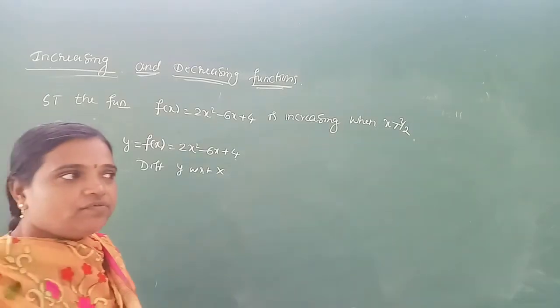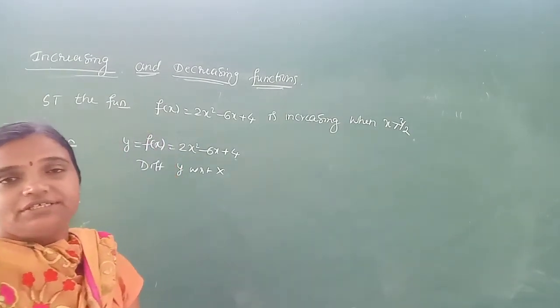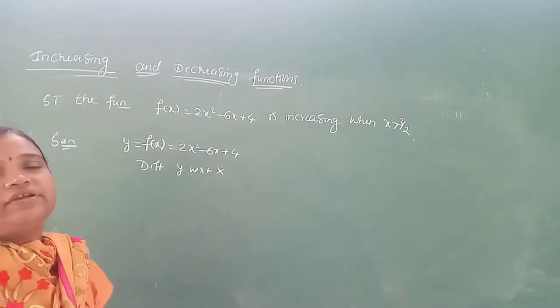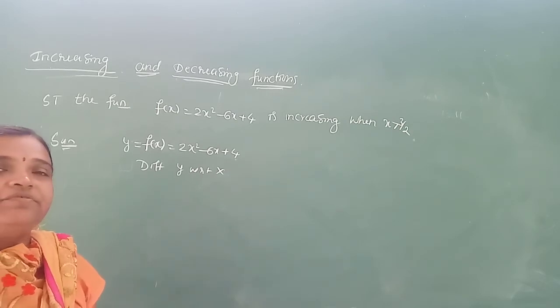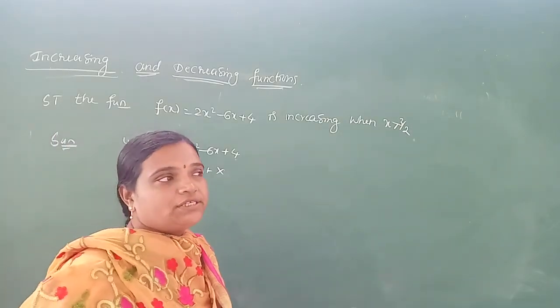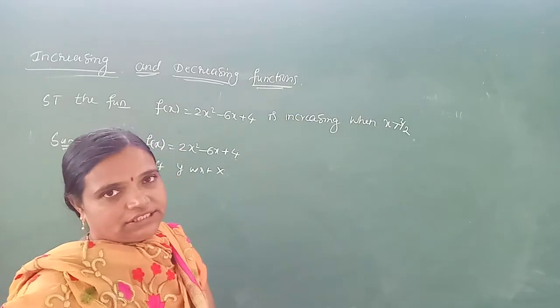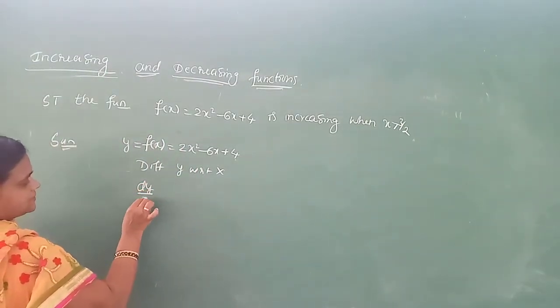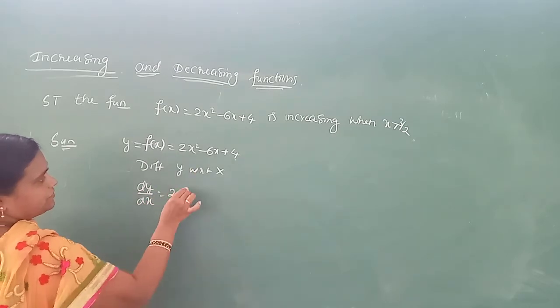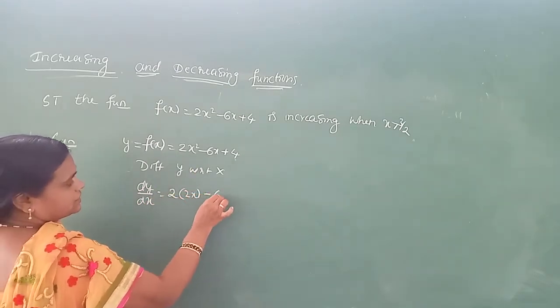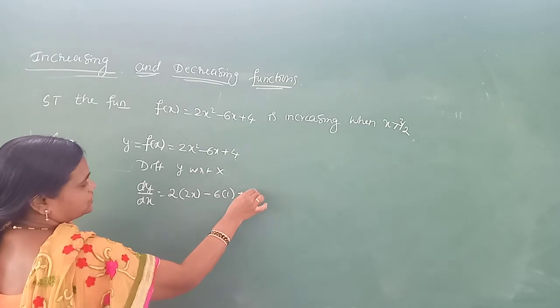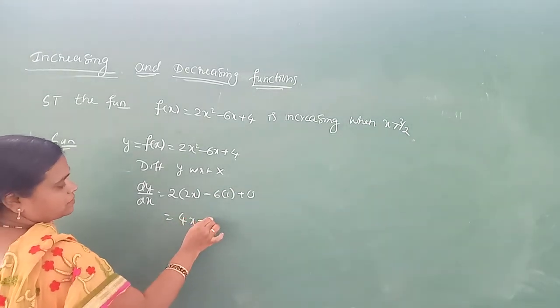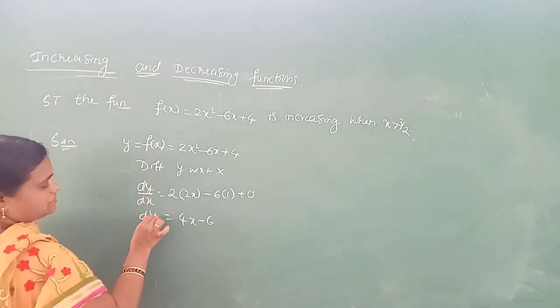Because for an increasing or decreasing function, we have to calculate dy by dx and verify whether dy by dx is greater than 0 or less than 0. The derivative of 2x squared is 4x, of 6x is 6, and the constant is 0. We get dy by dx equals 4x minus 6.